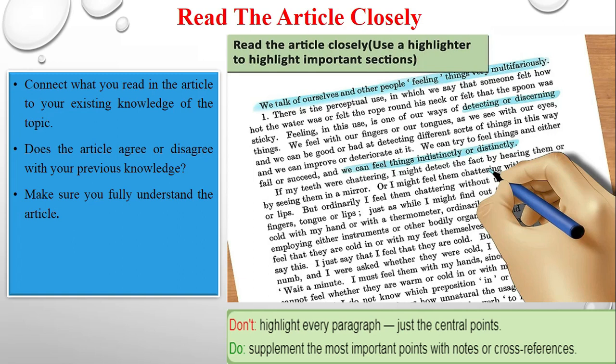Make sure you fully understand the article. There are some things that should be done and some that shouldn't be done. Please don't highlight every paragraph, just highlight the center points, and supplement the most important points with notes or cross references.